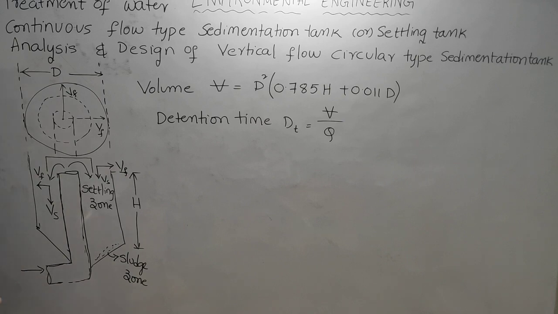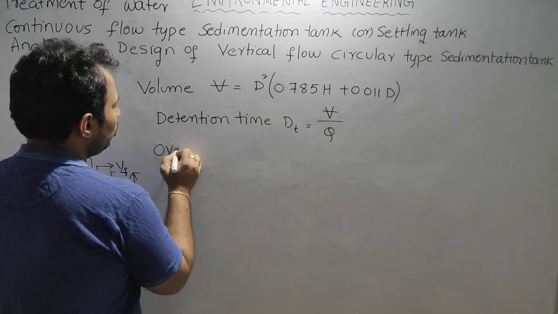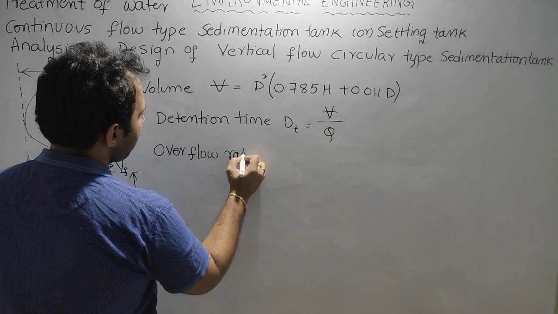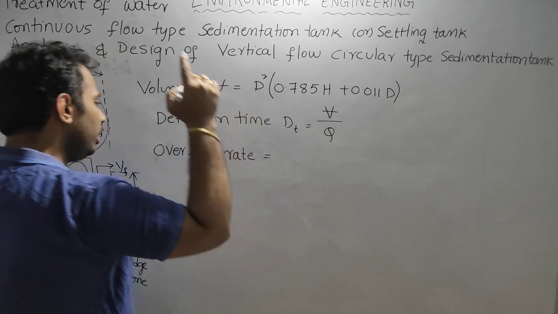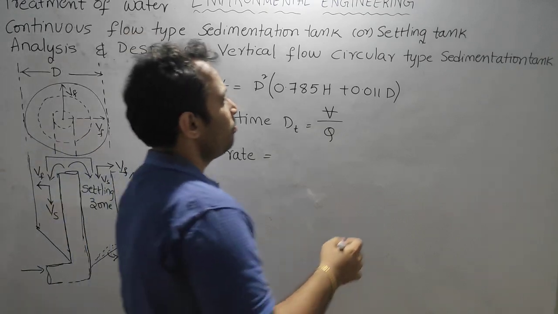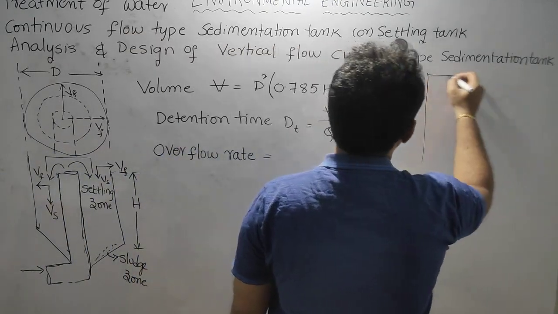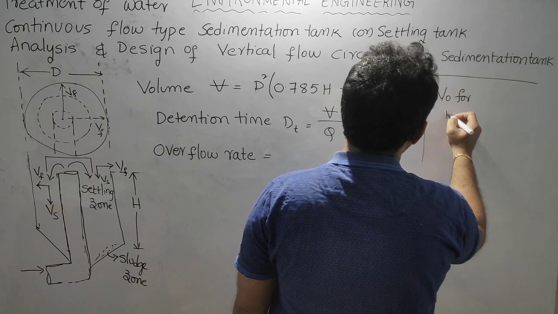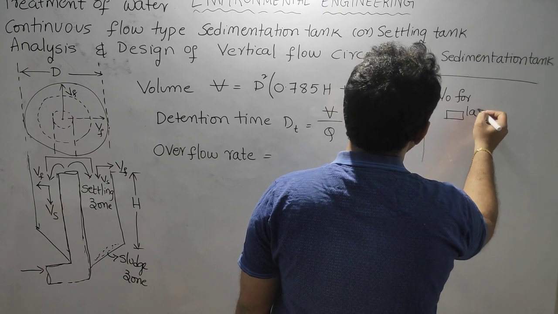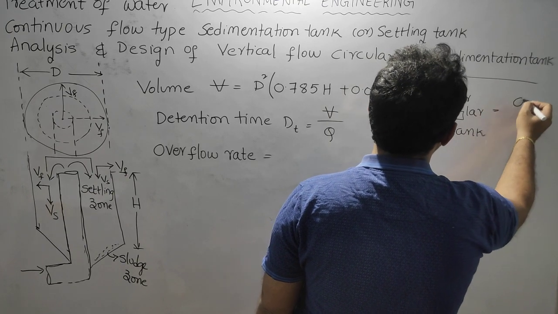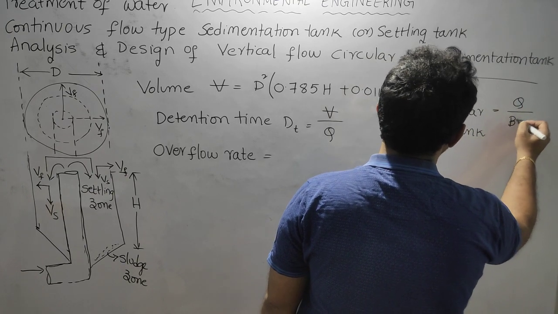And overflow rate, in the rectangular sedimentation tank, what is V naught? V naught for rectangular tank is Q by BL. So that means surface area.